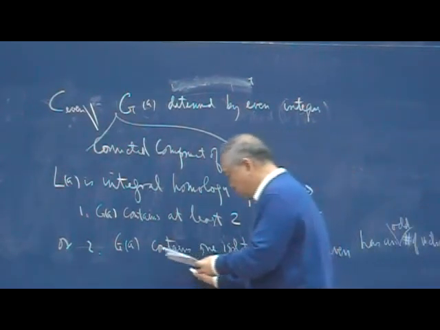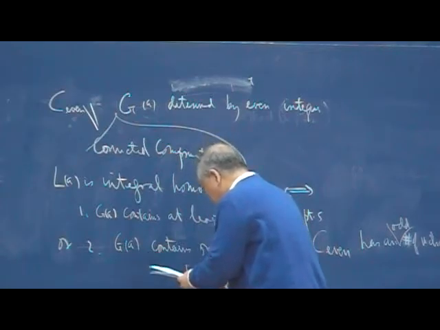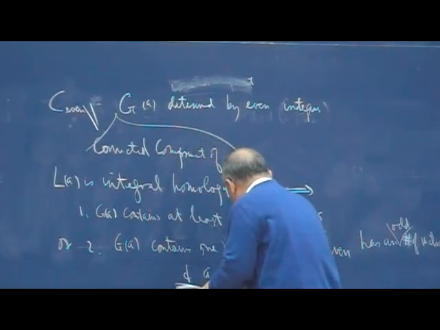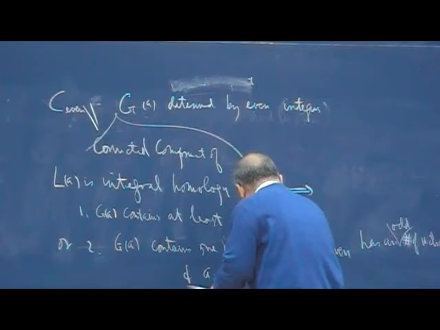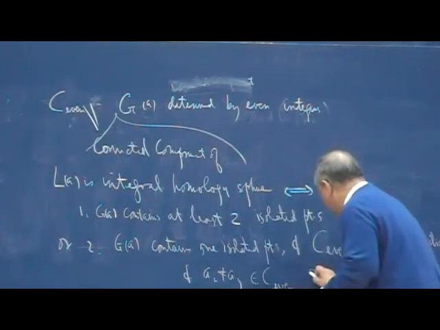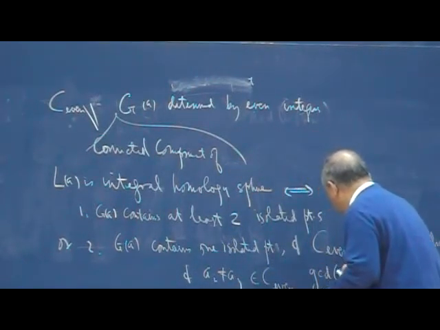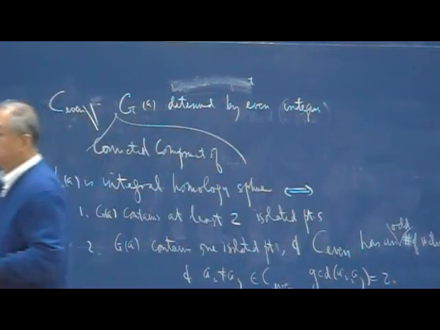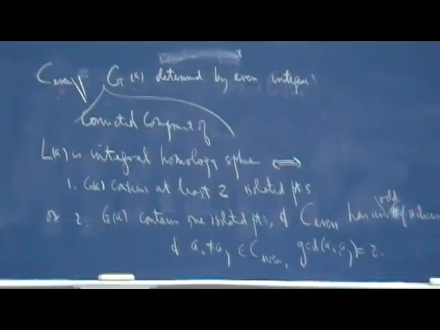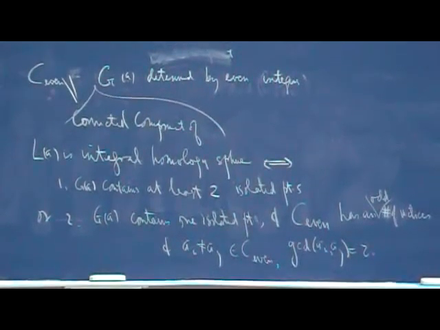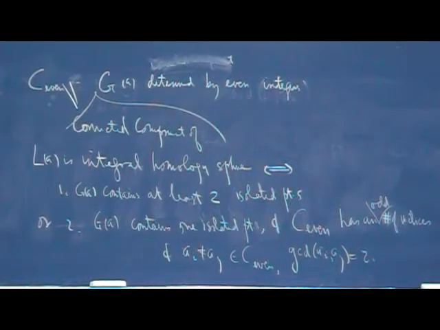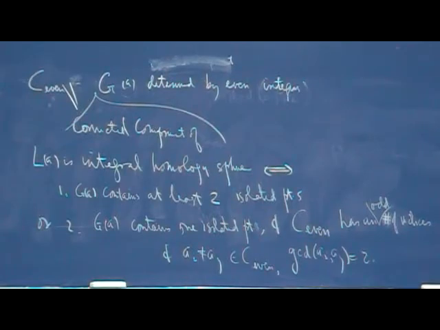And also, for AI not equal to AJ, which belong to C even, the greatest common divisor between AI and AJ is equal to 2. So they give me a complete description of under what condition the link is actually an integral sphere.